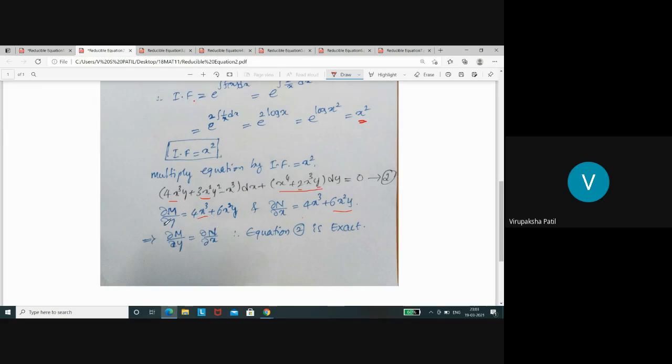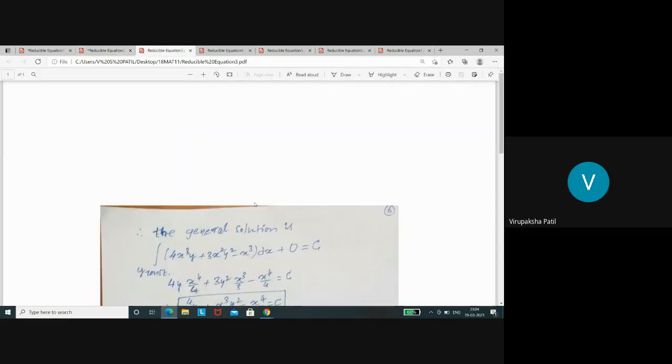Now you can observe here dou M by dou y and dou N by dou x are equal to 4x cube plus 6x square y. Therefore, after multiplying the given non-exact equation by the integrating factor, we got dou M by dou y equal to dou N by dou x. Therefore, the given equation is exact.